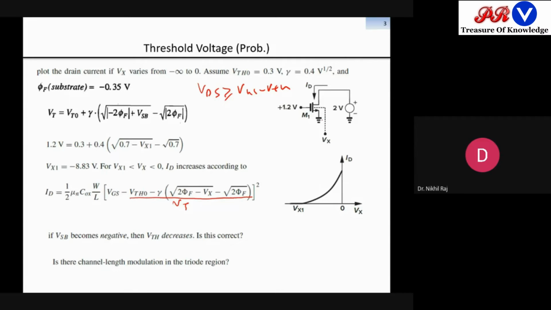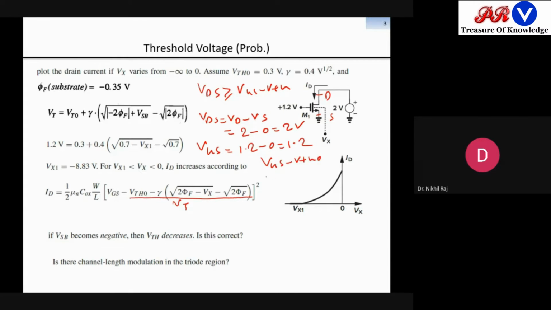Okay. So if you check, what is the VDS value? It is VD minus VS. VD is the drain voltage and VS is the source voltage. So VD is 2 minus 0, that is 2 volt. What is VGS? VG is 1.2 minus VS 0, that is 1.2. So what is VGS minus VTH?